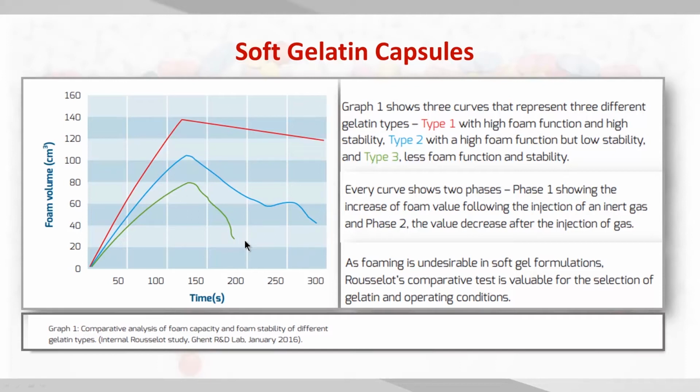Type 1 gelatin is the gelatin with high foam fraction and high stability. Type 2 gelatin has high foam fraction but low stability, and type 3 has less foam fraction and less stability. In this graph, every curve shows 2 phases.